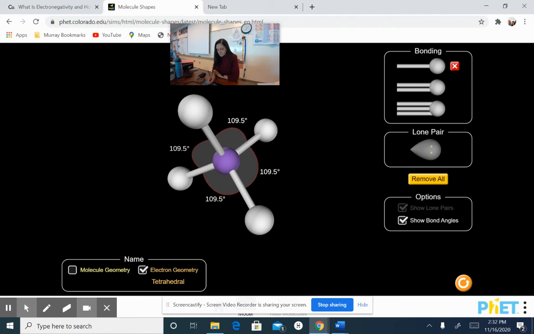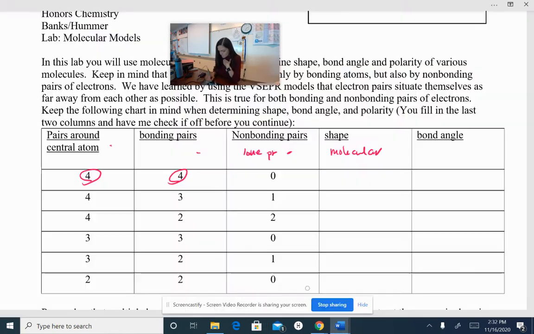And if we look at this, we've got our molecular geometry of tetrahedral, and we have got a bond angle of 109.5. So that is what we're going to want to put on our sheet here. So our shape here, we have tetrahedral, and we have a bond angle of 109.5.